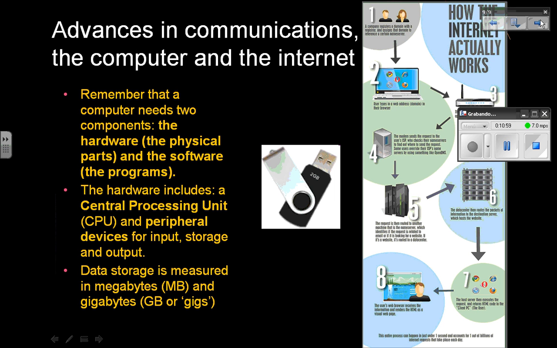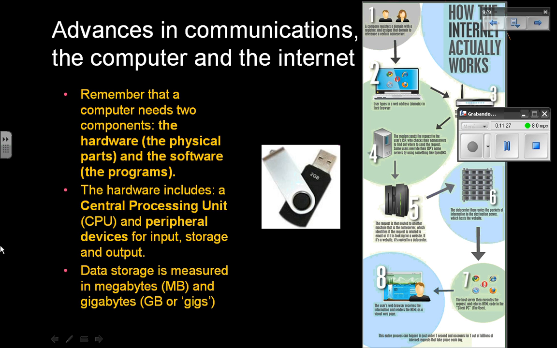Finally, we reviewed advances in communications and the computer and the internet. Remember that a computer needs two main components: the hardware, which are the physical parts of the computer, and the software, which are the programs that are loaded onto the computer to make it work. The hardware includes a central processing unit, or a CPU, and the peripheral devices for input, storage, and output.